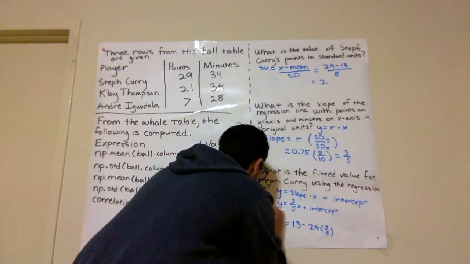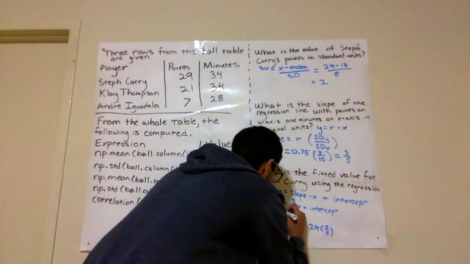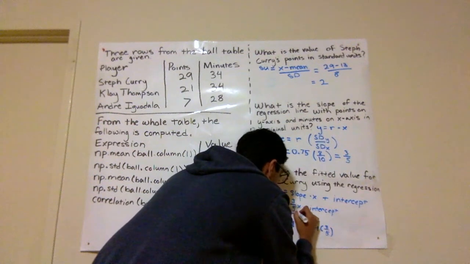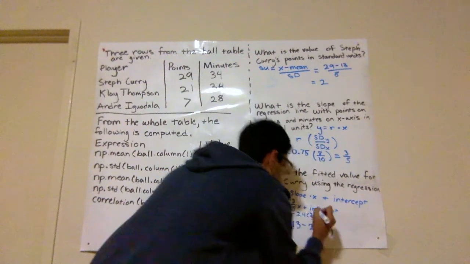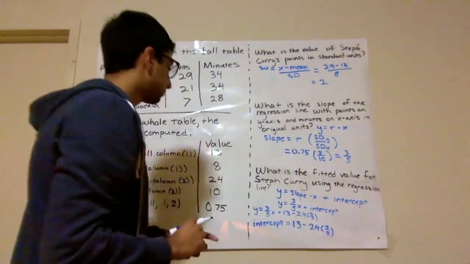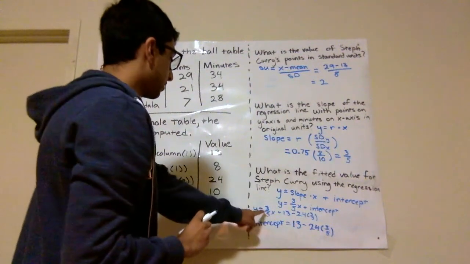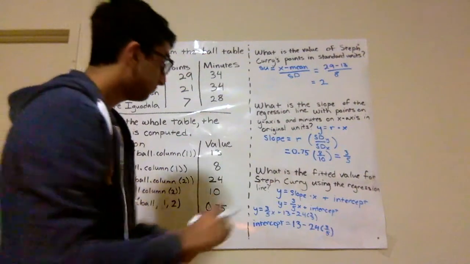And now we're going to plug this back into the original equation. So y is equal to 3/5 x plus 13 minus 24 times 3/5. There's a good reason why I'm keeping it in this form for right now. Now we're going to plug our x value, which is our minutes, into this equation.